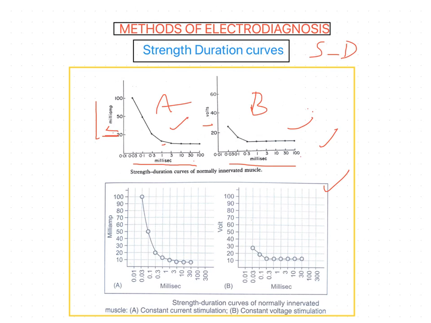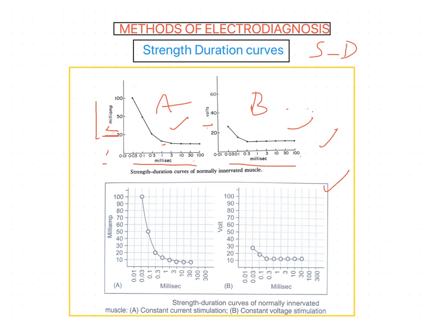The constant current stimulator, which provides the current flow in milliamperes, is thought to produce more accurate results, whereas the constant voltage type, which provides the voltage in volts, is more comfortable for the patient. So that is the advantage of these two types of stimulators.